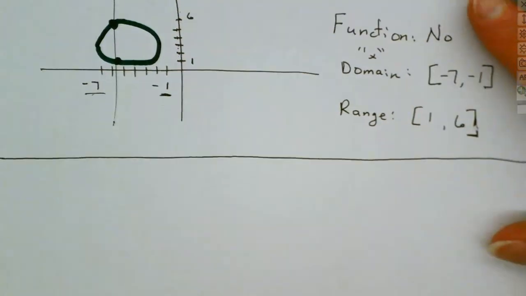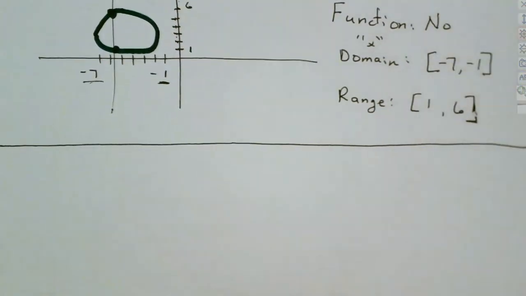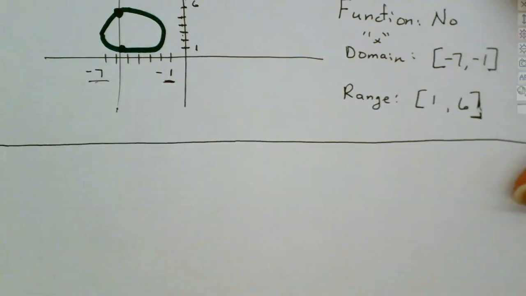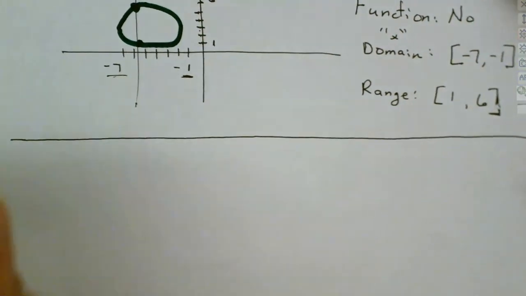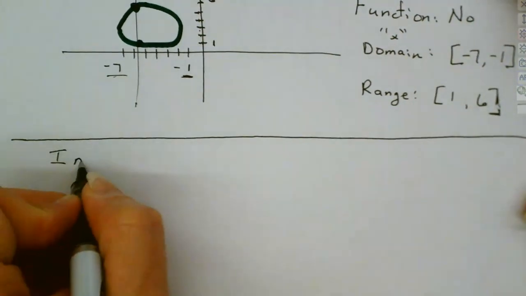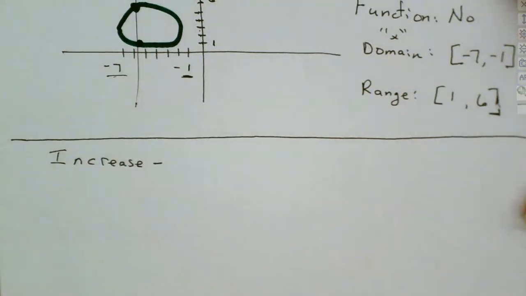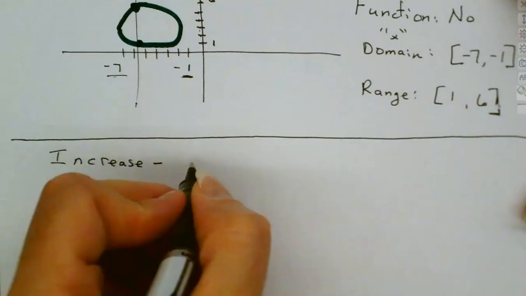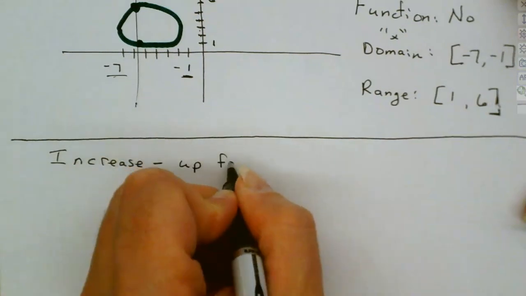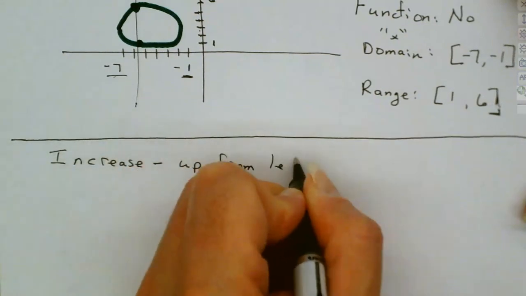Now, to finish up these graphs, let's talk about the increasing part, decreasing part, and the constant part, and what that means. When I talk about an increasing component of my graph, that means I'm going up from left to right.